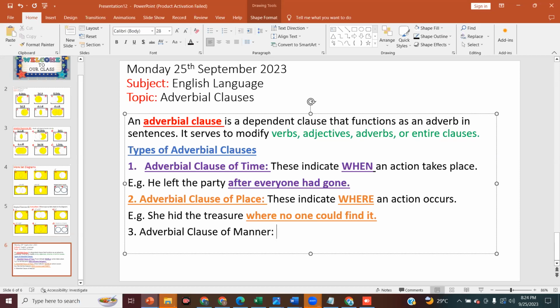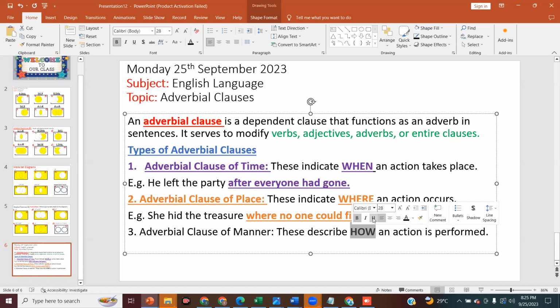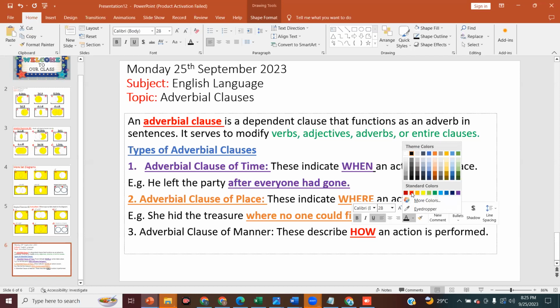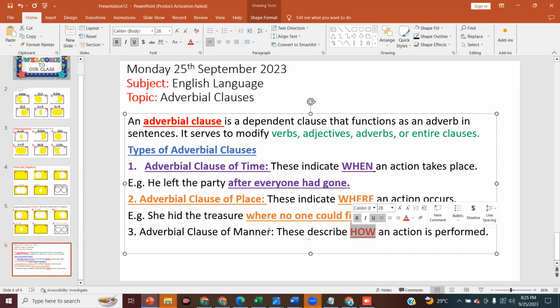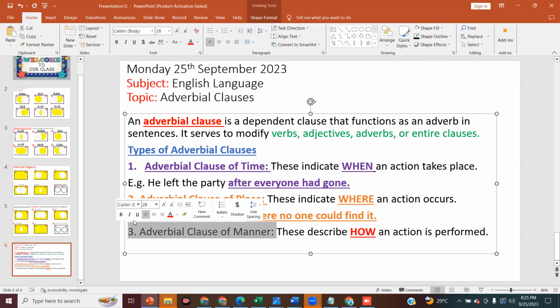These describe how an action is performed. So you're describing how. You ain't telling me where it is, you ain't telling me when it is. You're telling me how.